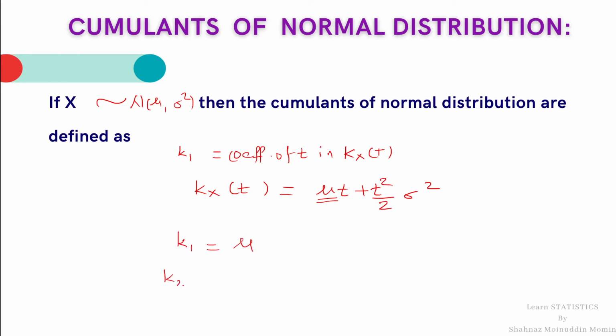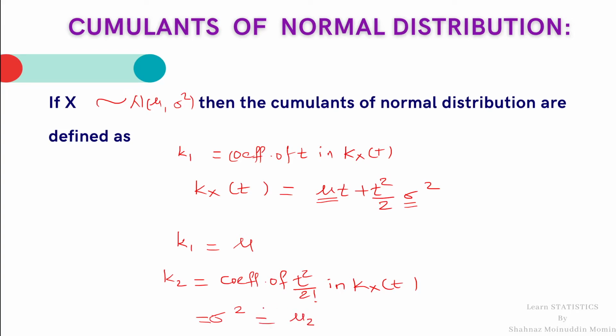Similarly, the second cumulant can be obtained, k2 equal to the coefficient of t square by 2 factorial in K_X(t). By comparing, the coefficient of t square by 2 factorial is sigma square, so the second cumulant is sigma square, which is the same as mu 2.